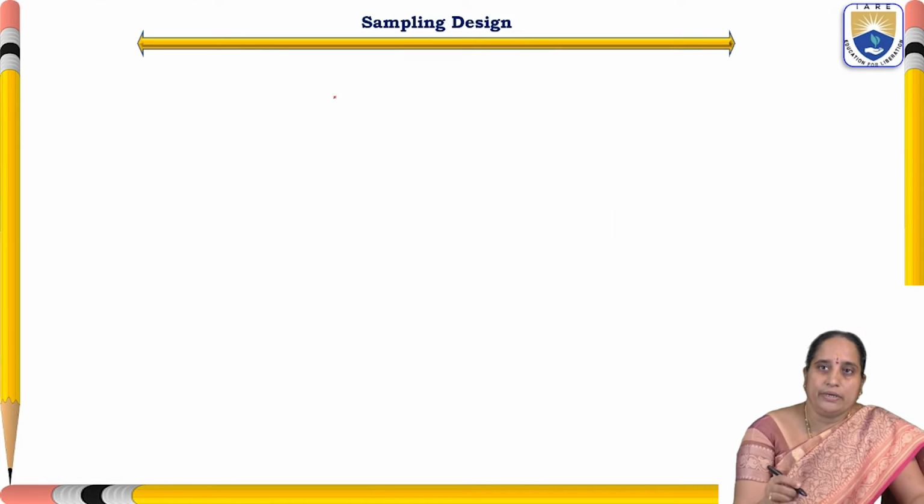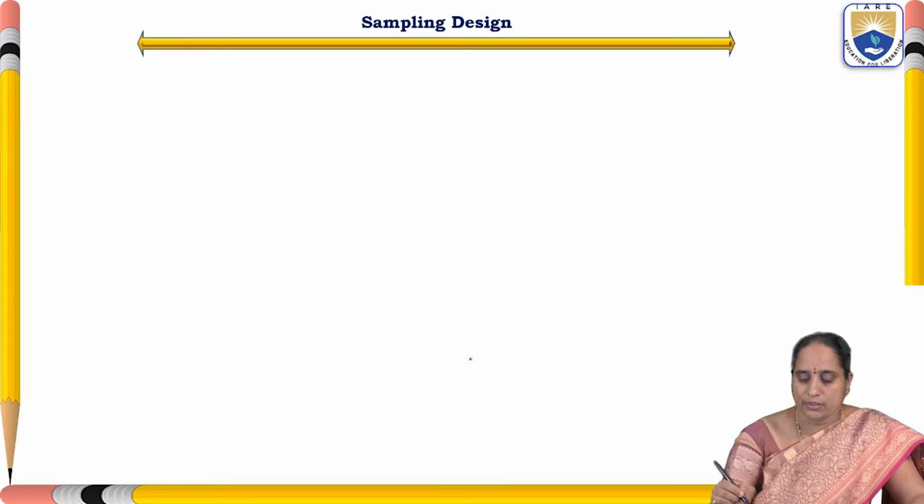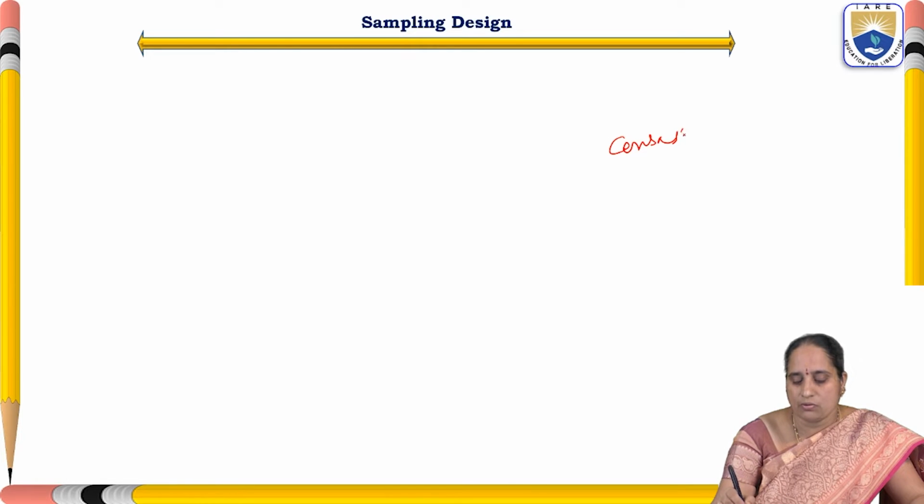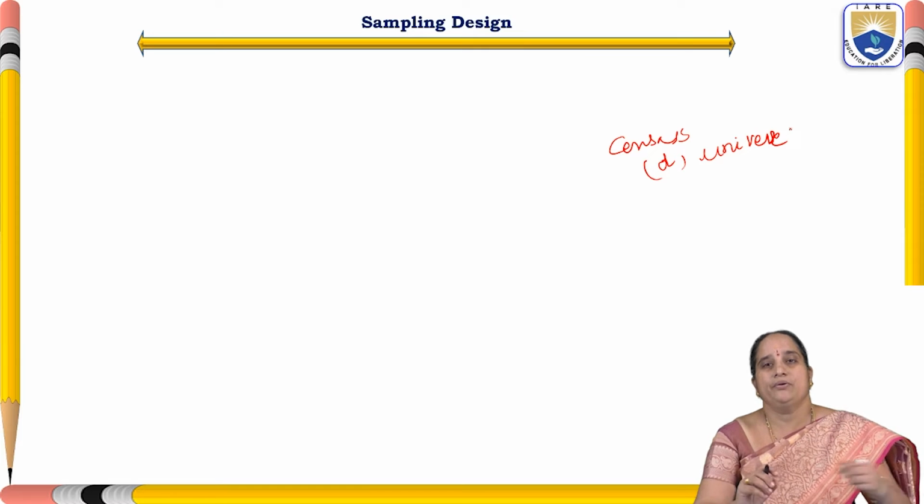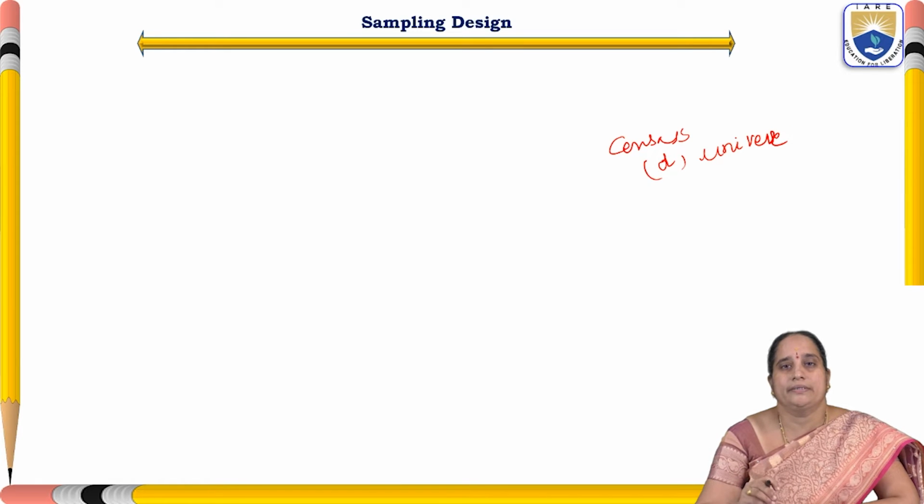Before entering into sampling, first of all, I want to discuss census. What do you mean by census or universe, or you can also say population? When you consider all the items under study, that is known as complete enumeration.